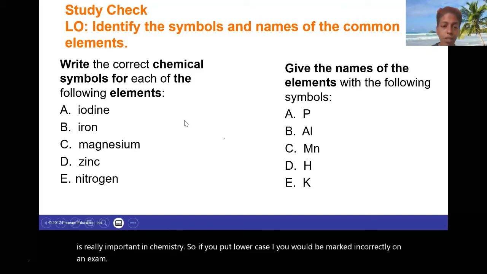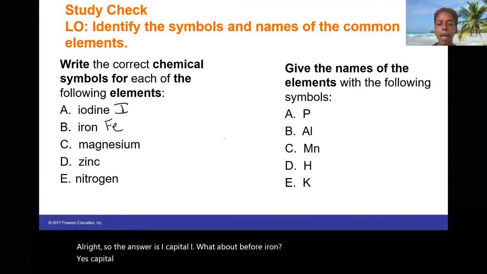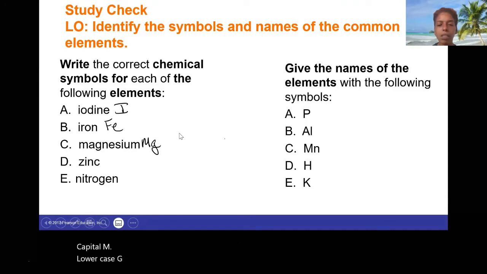All right, so the answer is I, capital I. What about iron? Yes, capital F, lowercase e. What about magnesium? Capital M, lowercase g. And what about zinc? Oops, some of you, zinc is a two-letter symbol, capital Z, lowercase n.